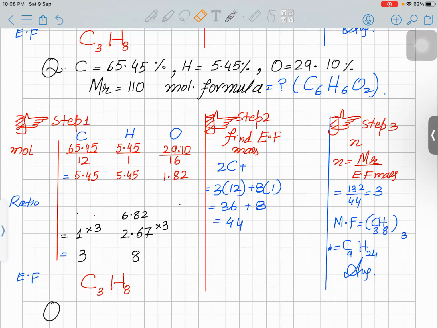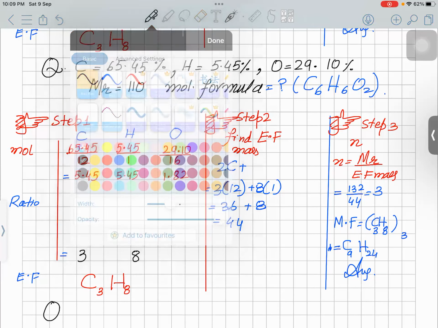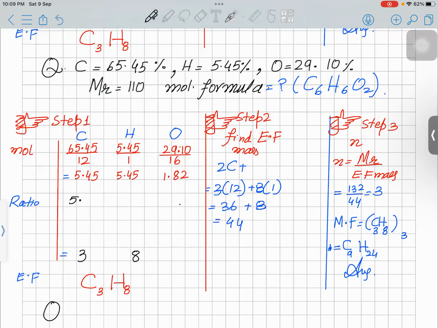Now divide by the smallest number, right? So 5.45 divided by 1.82, 5.45 divided by 1.82, and 1.82 divided by 1.82.